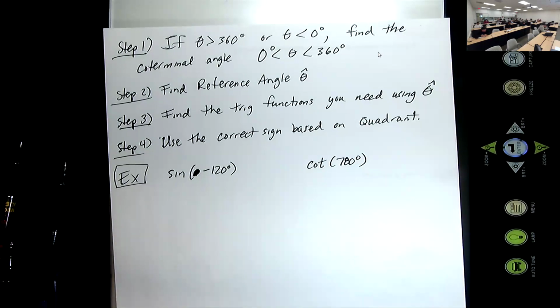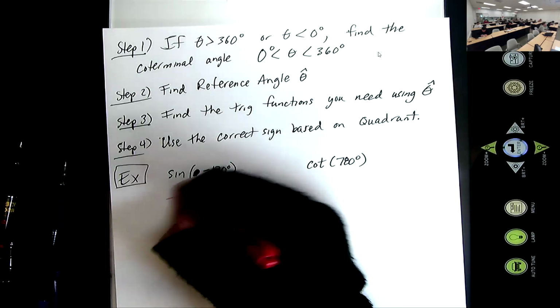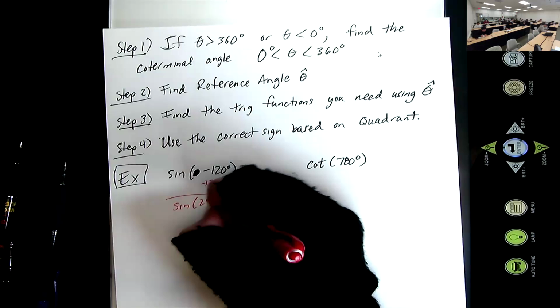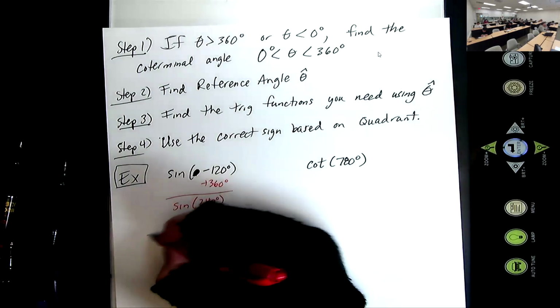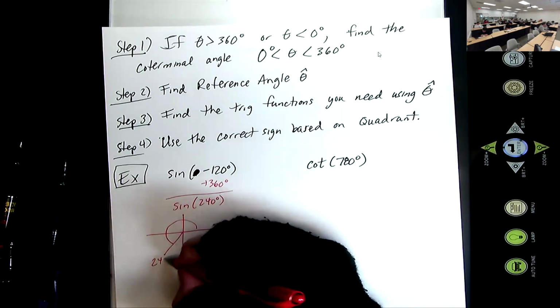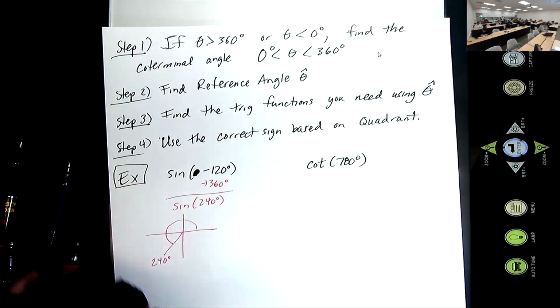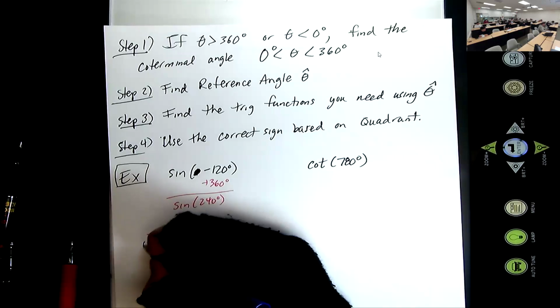So here, I don't like this value here, I'm gonna add 360. So I get sine of 240 degrees. That puts me in quadrant 3, which means my reference angle is going back to the 180.